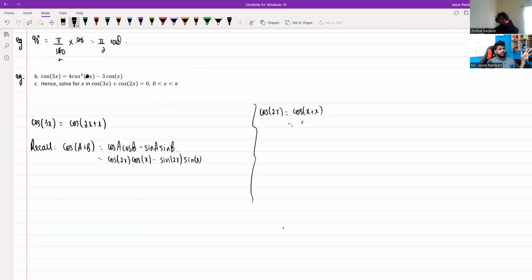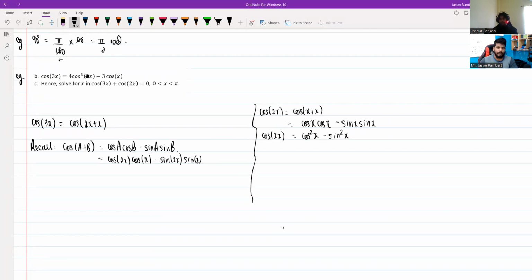This is cosine x cosine x minus sine x sine x. Cos x by cos x is cosine squared x minus sine squared x. So cosine of 2x is cos squared x minus sine squared x.